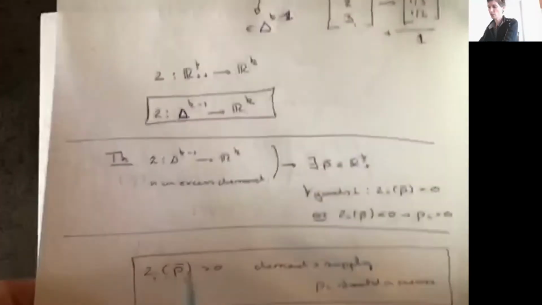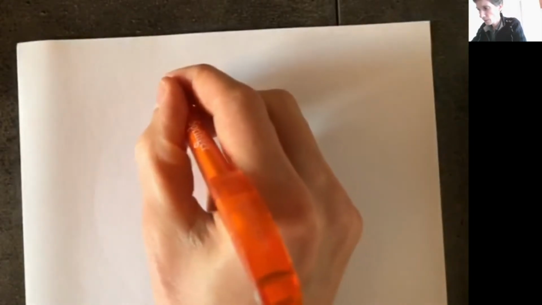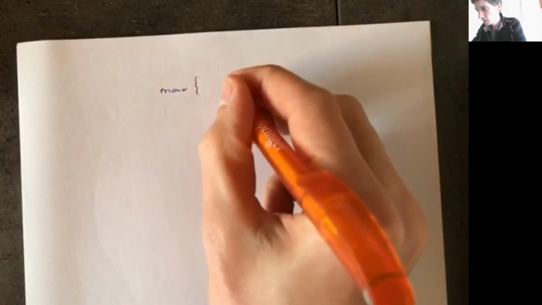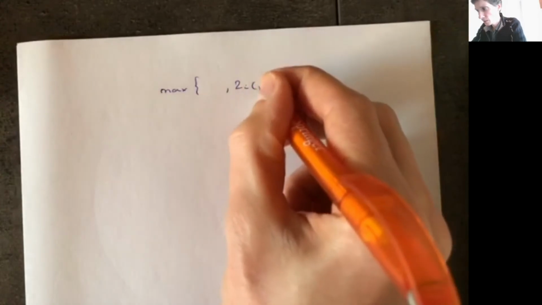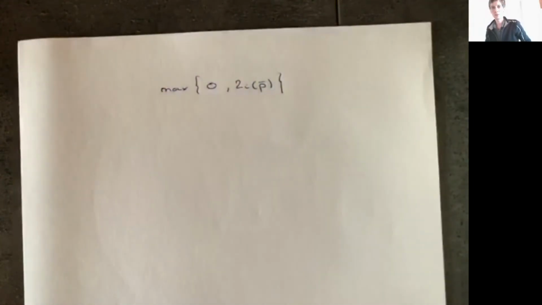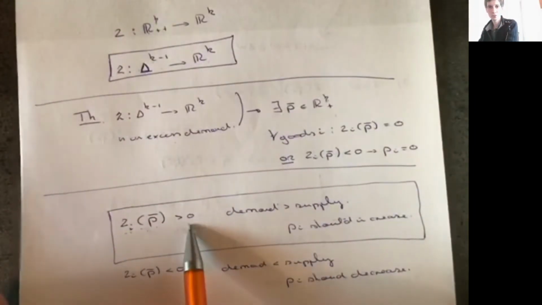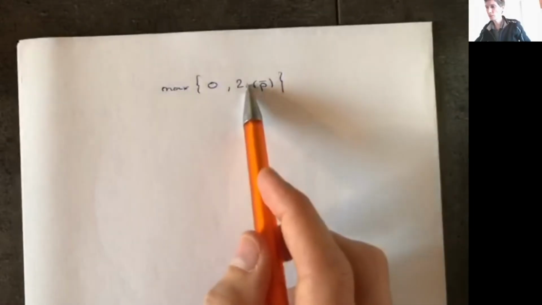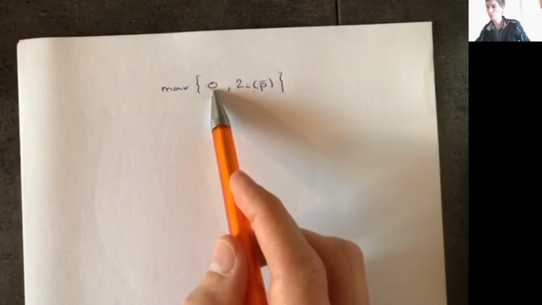Okay, so if you want to look at whether this condition is satisfied, what we can do is we can look at the maximum of Zi(p) and 0. Right, so if this maximum is bigger than 0, then this condition is satisfied because this is strictly positive. If this condition is not satisfied, then the maximum of these two things will be equal to 0, right?